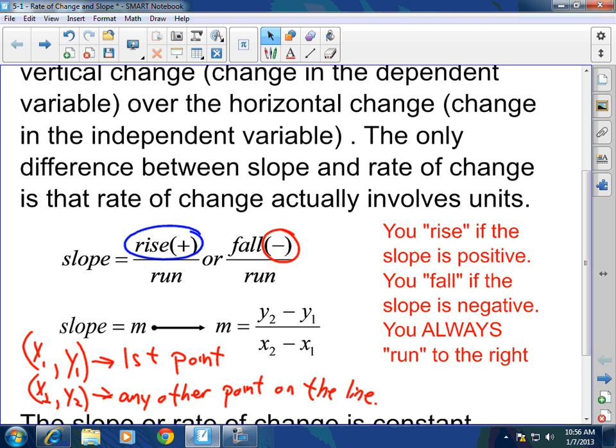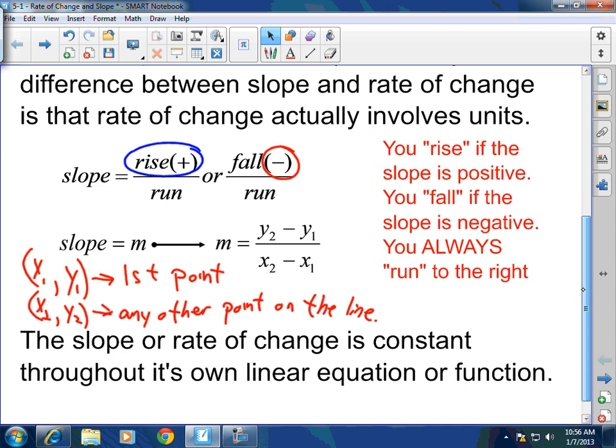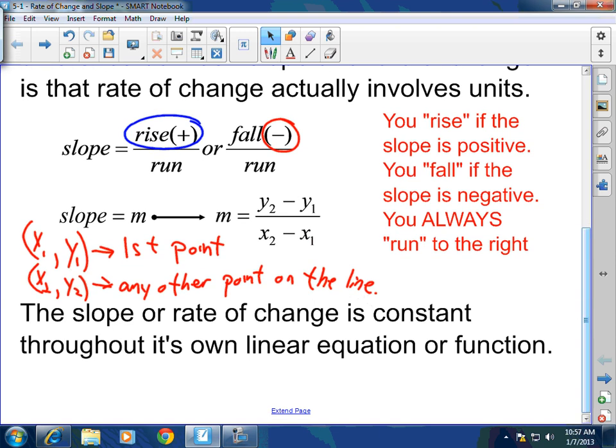Now, when you have a line and you determine the slope or the rate of change, please be aware that the slope or the rate of change of a particular line is constant throughout its own linear equation or function. So if I say the slope of this line is 6, that means from any point to any other point, you're going to follow the slope of 6 over 1, 6 over 1, 6 over 1.